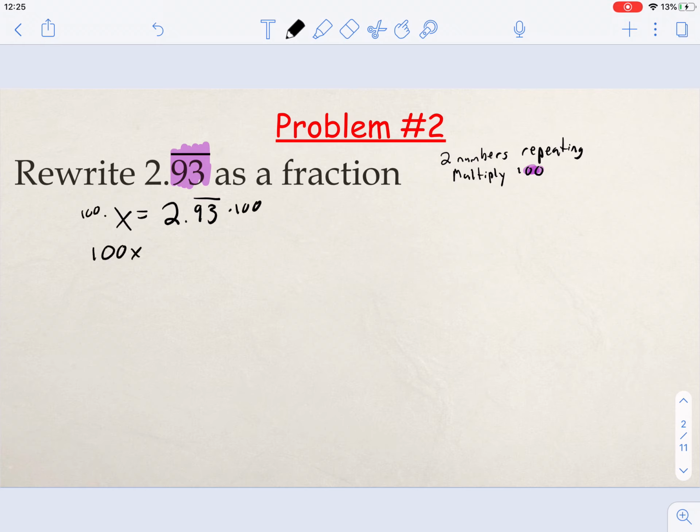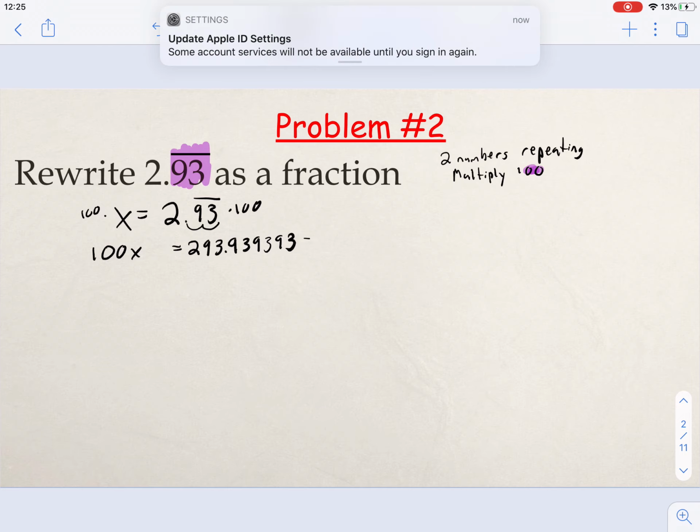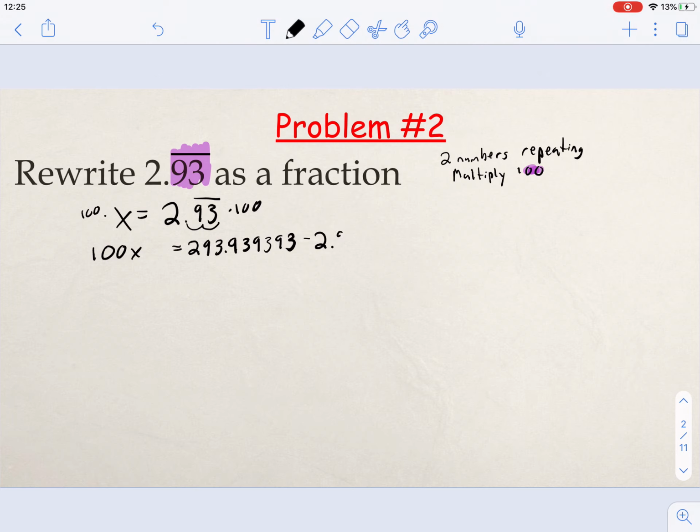So I have 100x equals, when I multiply by 100, I move my decimal 2 times, 293.939393 repeating. Now I still have a repeating decimal that I need to get rid of. So I can subtract my original decimal, which is 2.939393.